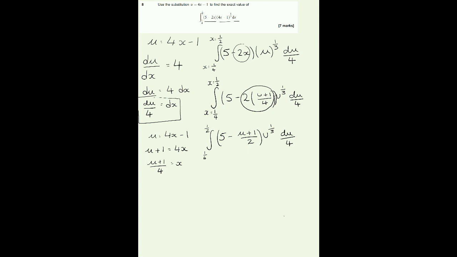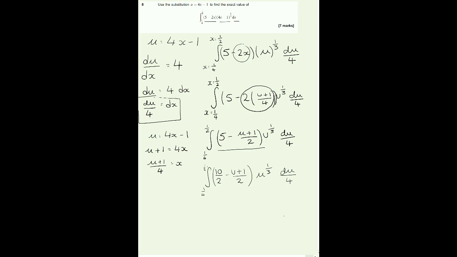Now at this stage, within this bracket I've got two terms, one of which is over 2 and one of which is not a fraction. So if I rewrite the 5 as 10 over 2 minus u plus 1 over 2, and all of that is being multiplied by u to the third, because what I'm trying to do is get a single fraction in here. There are other ways of approaching this problem, but this way ends up leaving us with something quite neat at the end.